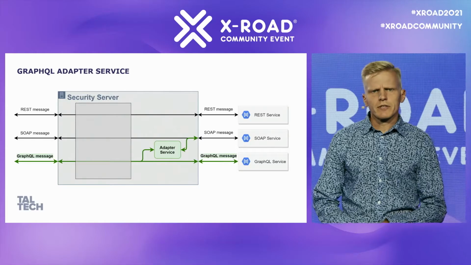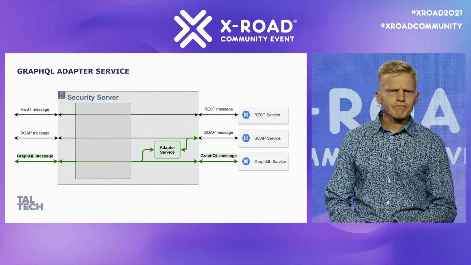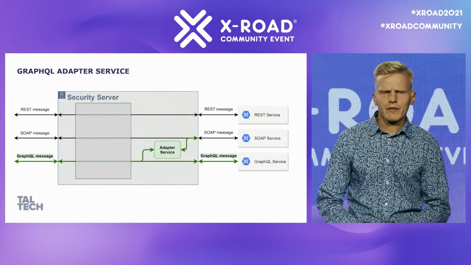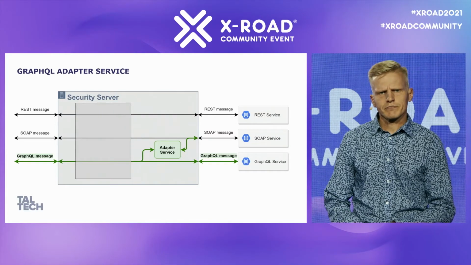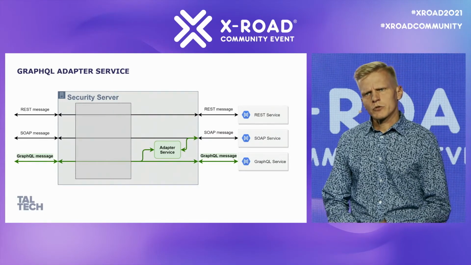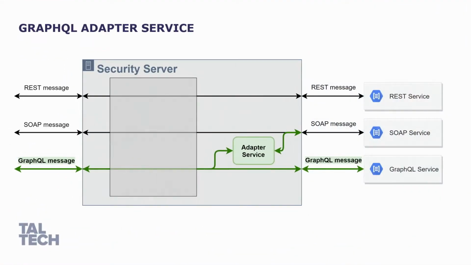The GraphQL adapter service is located in a security server. It's on the service provider side. It allows us to request a SOAP service using a GraphQL message.